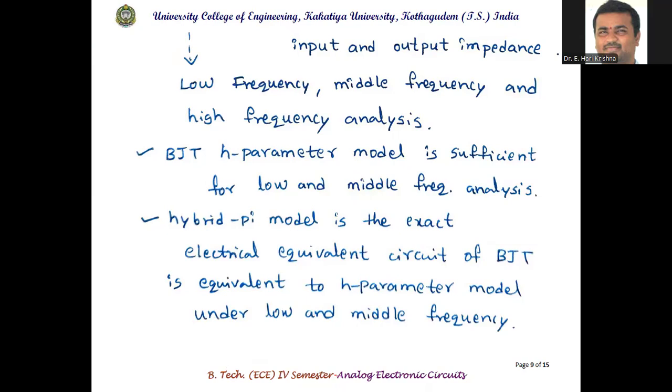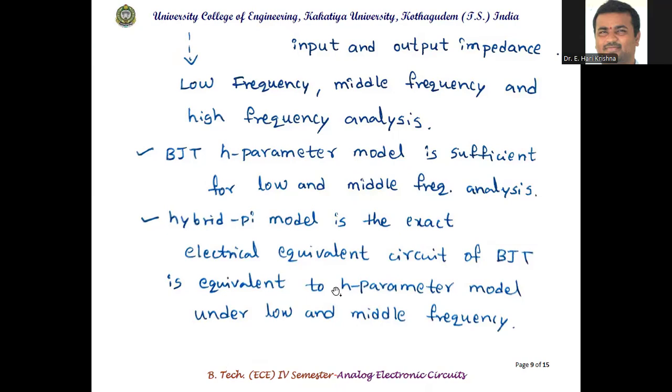While discussing electronic devices and circuits, we have already gone through the H parameter analysis, which is sufficient for low and mid frequency analysis only. For high frequency analysis, the H parameter is not suitable. So, hybrid pi model, the name pi is given because the circuit looks like a pi.